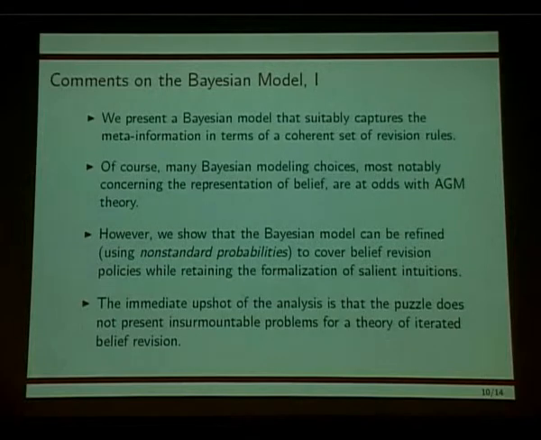Another choice you can make in this probabilistic framework is how much you let it approach the original AGM qualitative setting, where you have to really make a binary decision for having your beliefs in and out.